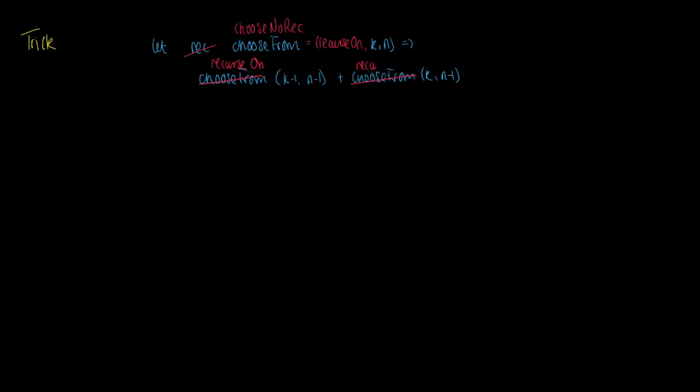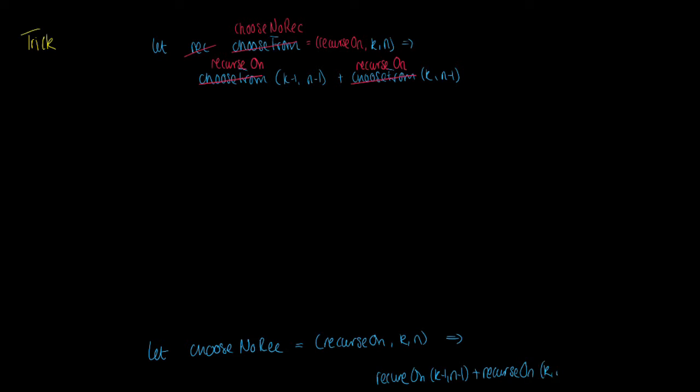So this looks like let choose_no_rec = (recurse_on, k, n) => recurse_on (k - 1) (n - 1) + recurse_on k (n - 1). Now, to get back the original function, you type this. Let rec choose_rec = (k, n) => choose_no_rec choose_rec k n.